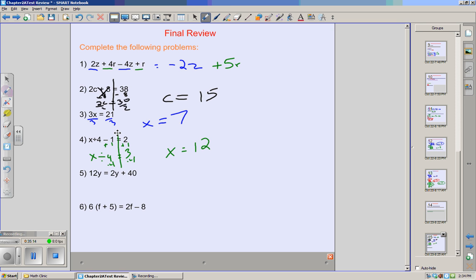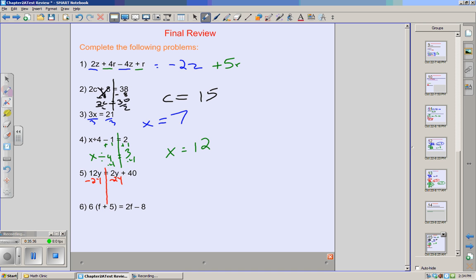Number 5 is beginning my multi-step equations. I have variables on two different sides of this problem. I need to figure out how to get the variables together. So I need to get the 2y over with the 12y. That is a positive 2y. The opposite of positive 2y is minus 2y, minus 2y.